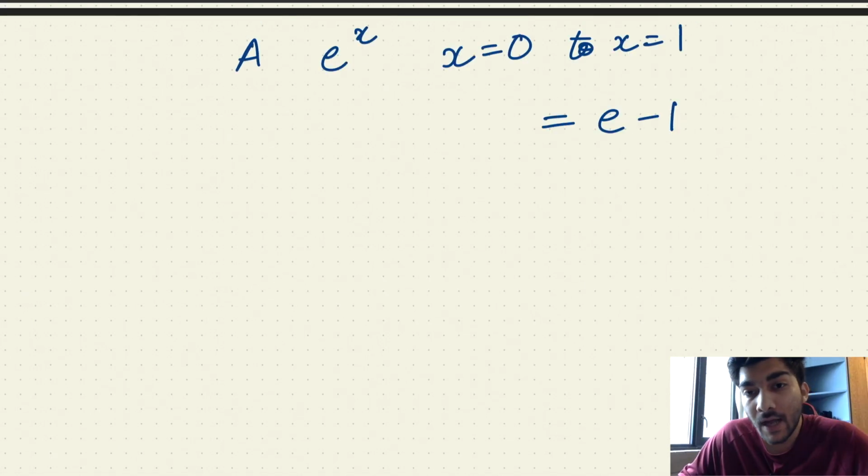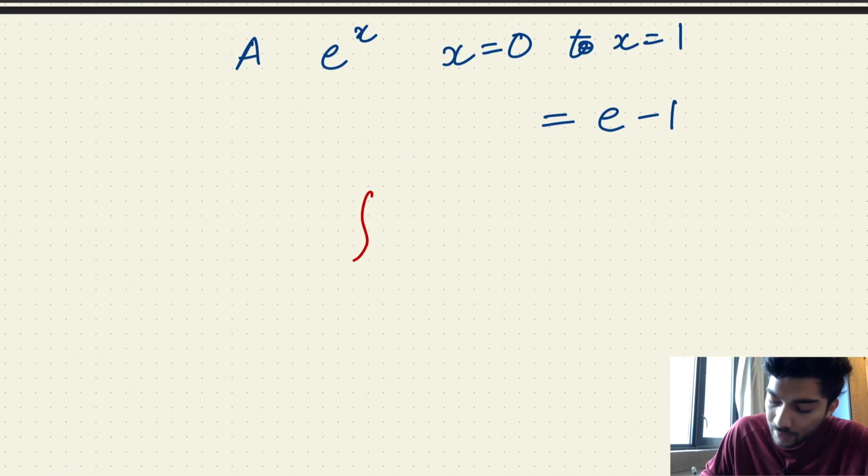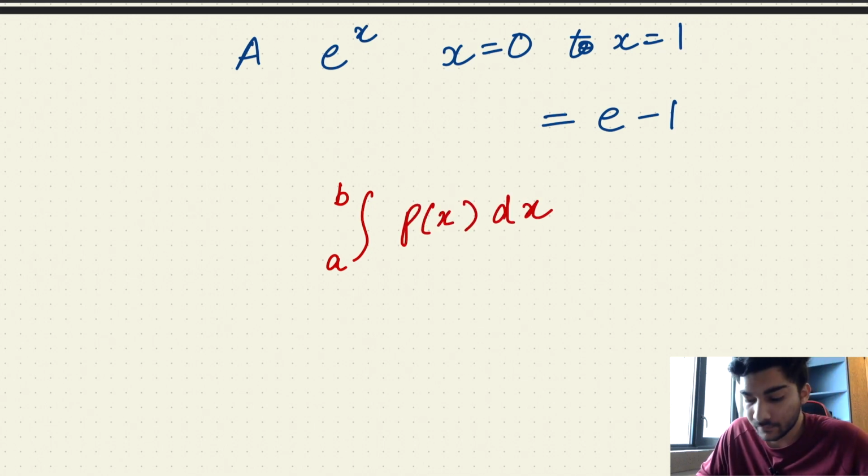Before writing the actual answer, I'll first write the prototype of how my definite integral should look. My definite integral should look somewhat like the definite integral bounded by the values a to b for my function f(x) dx.